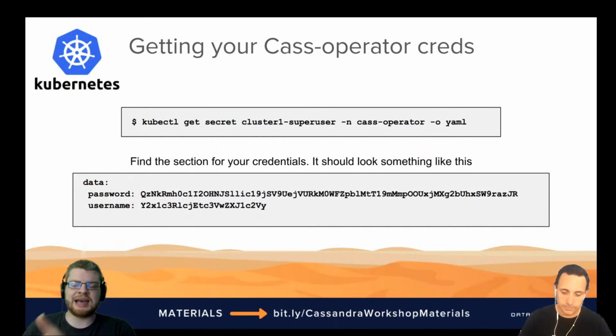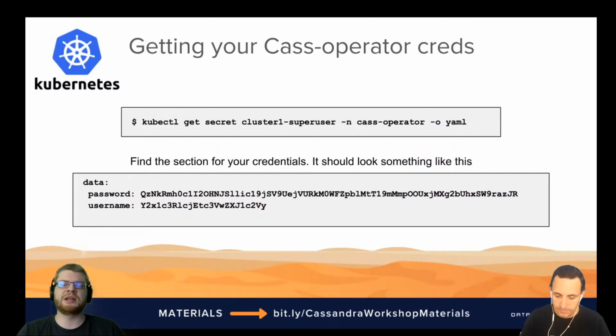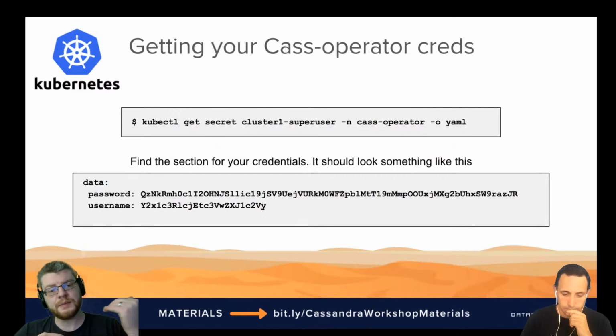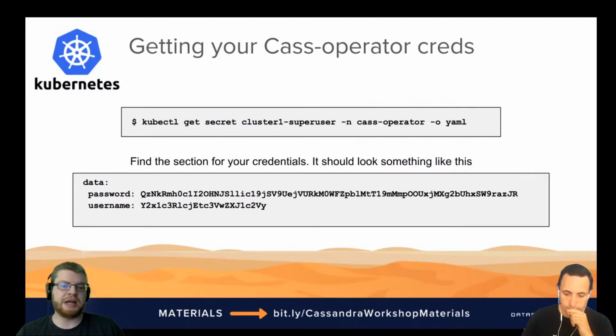So we're going to the cass-operator namespace, which is the one we're running Cassandra in, and we're spitting out a YAML. What we're doing there is trying to get the operating password for the database, because we need to be able to connect to it, and since this database spins up a pretty much randomized password, we need to retrieve that.